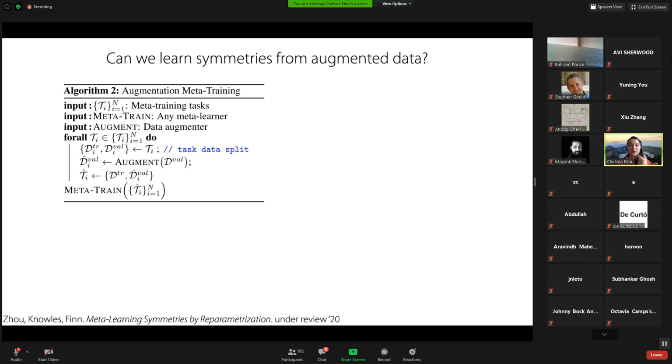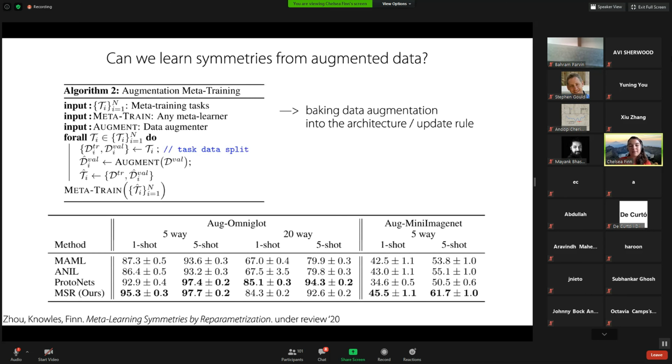For each task, we split it into a train set and a validation set, augment the validation data points, and then construct our new tasks using the original train set and the augmented validation set. This trains it such that after it's seen original images in the training data set, it can generalize well to augmented images. Essentially, we're trying to bake the data augmentation into the update rule or the architecture that the meta-learner acquires.